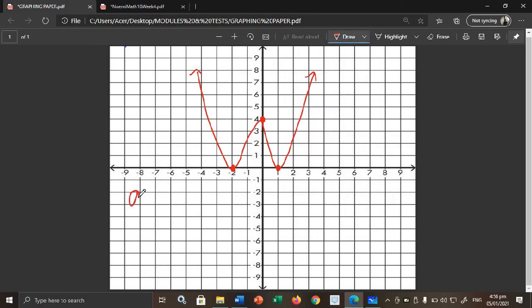So yeah, this is the graph of a fourth degree function.